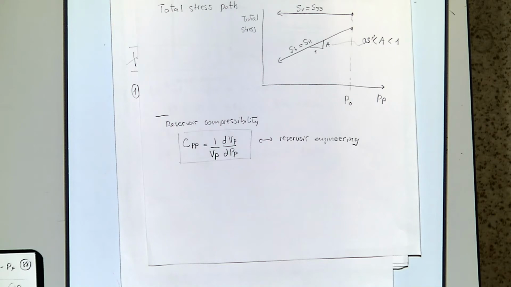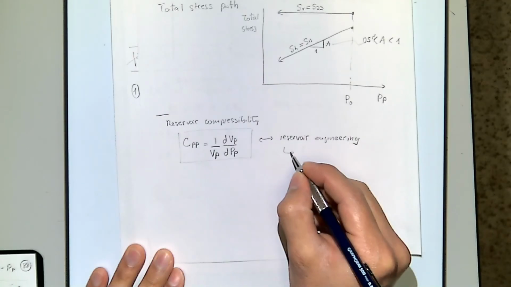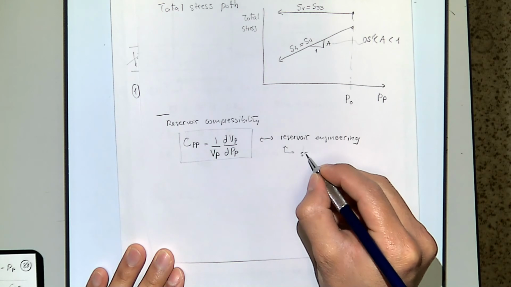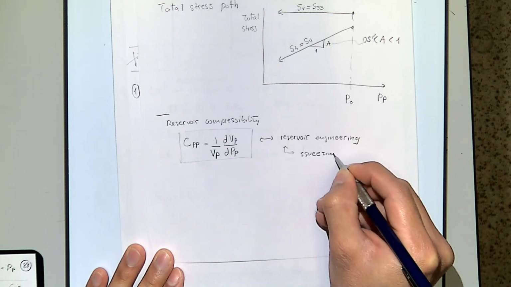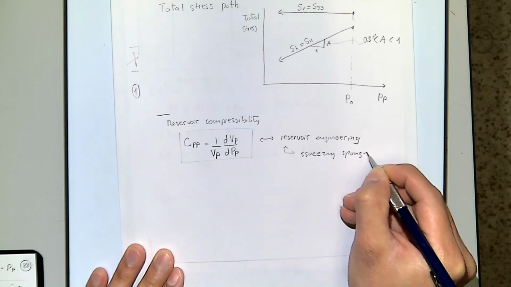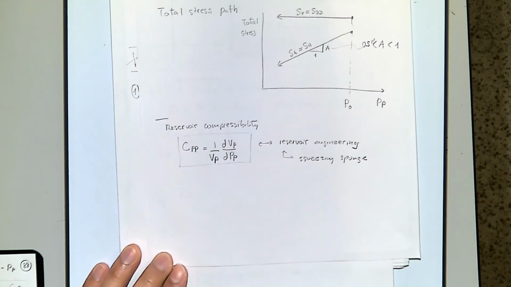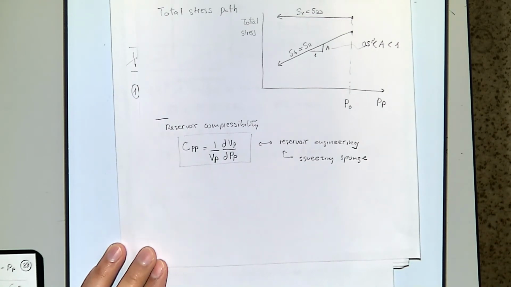The good side of this is that it can help you recover more oil. If you're going to remember this, remember it like squeezing a sponge: the softer it is, the more you can squeeze it, and the more fluids you can get out of it.